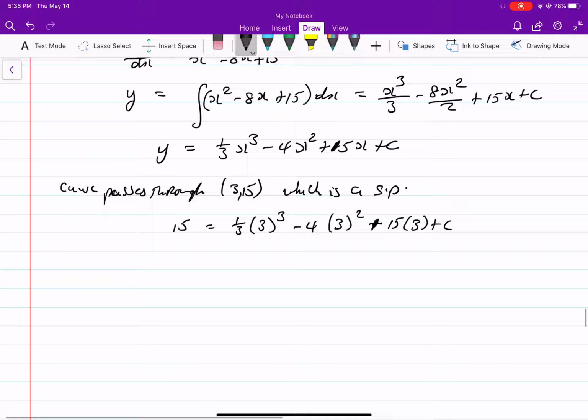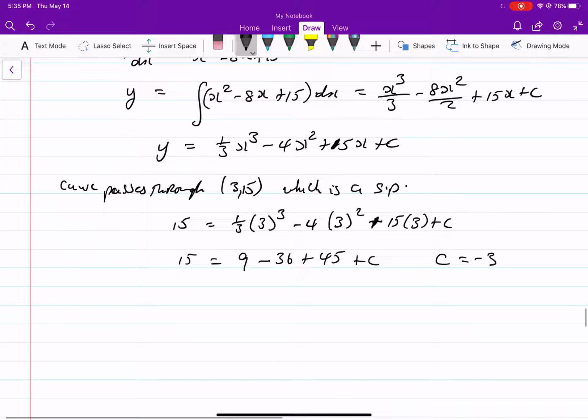Okay, 15 is equal to, what do I have? 3 3s, 9, 3 9s, 27 over 3, which is 9. Minus 9 4s is 36, plus 15 3s is 45, plus c. 15 plus 36 minus 9 minus 45 equals minus 3. c is equal to minus 3.